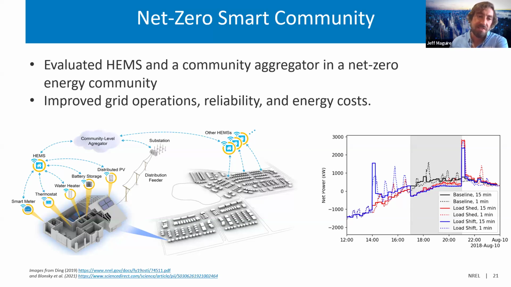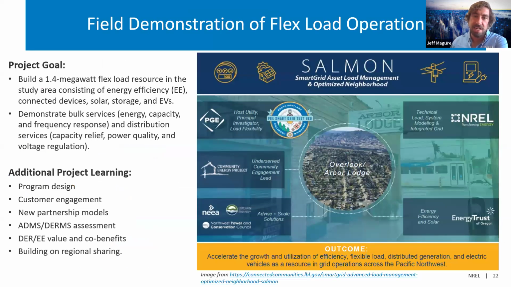This was a precursor to some of the DOE Connected Communities projects that are currently ongoing. I'm going to talk about two of them that are using OCHRE directly. One of them is called SALMON, Smart Grid Asset Load Management and Optimized Neighborhood. This is a project with Portland General Electric in Portland, Oregon, that's looking at building a pretty substantial flexible load resource in the study area.